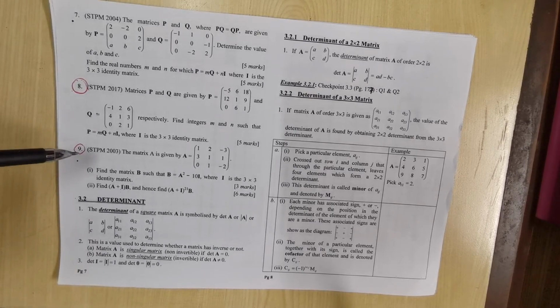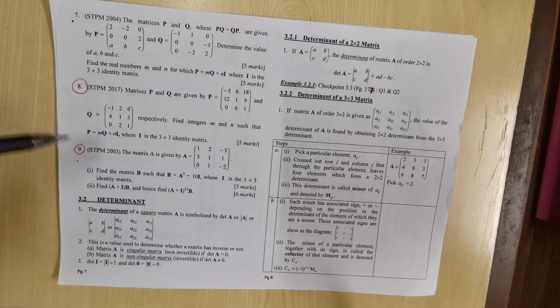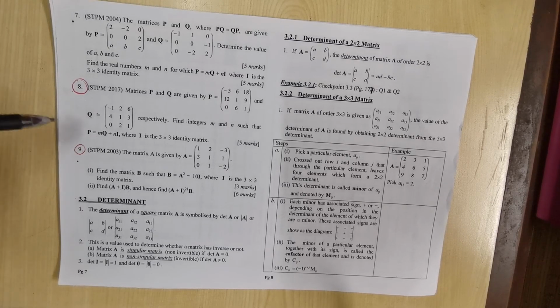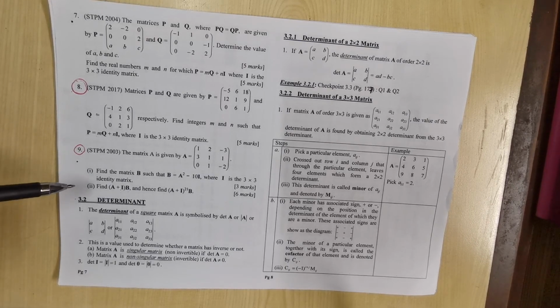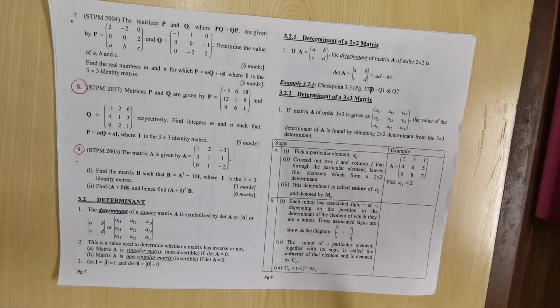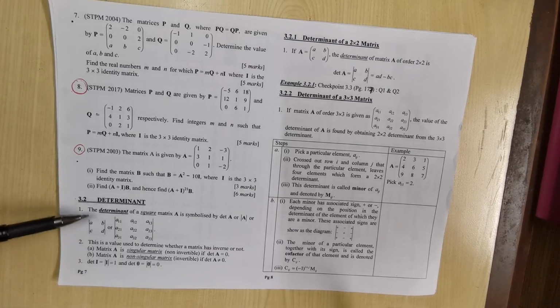You can just write M1, so I know that this is the first quiz for chapter 3, or M1, matrix 1. Okay, so we stop for a while here. After half an hour, I will send another video for determinant.